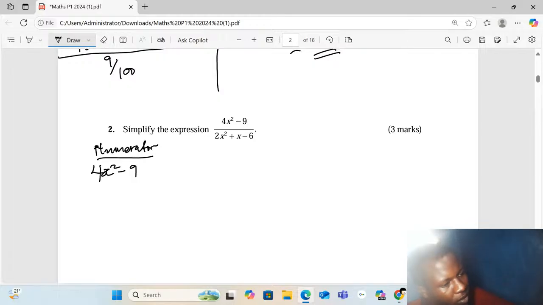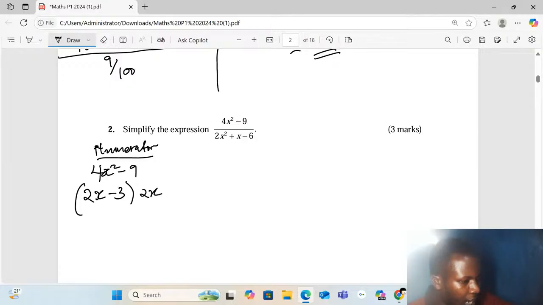So in this question, we are simply going to factorize this numerator. When we factorize 4x squared minus 9, we are simply going to get 2x minus 3, then 2x plus 3.